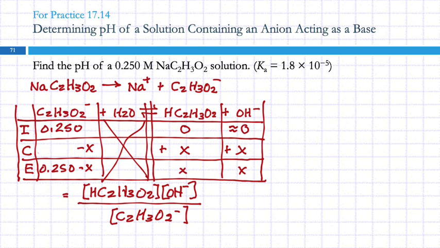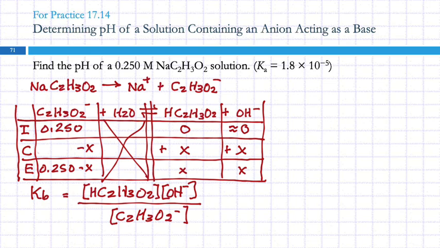Does that equal Ka? No, it doesn't. Because this is acting as a base. This is Kb. So a common mistake is to just use the Ka, stick it in here. You can find an answer, but it won't be correct.